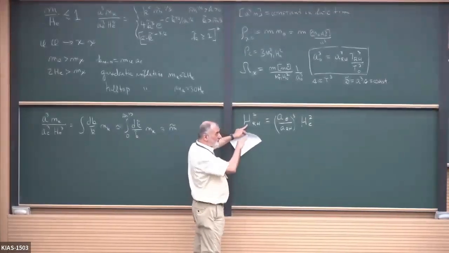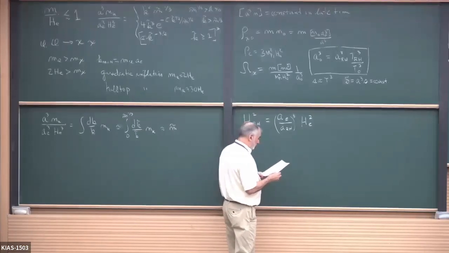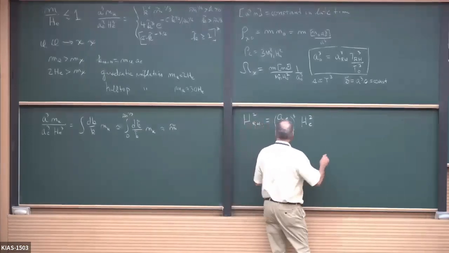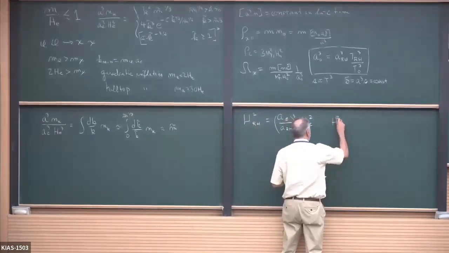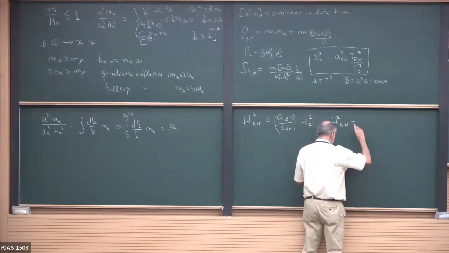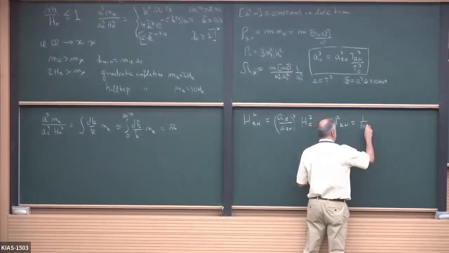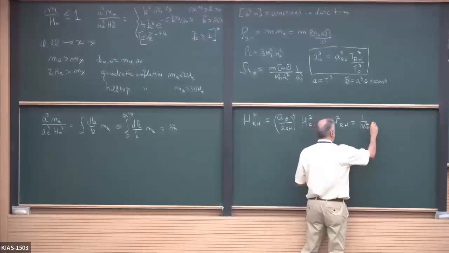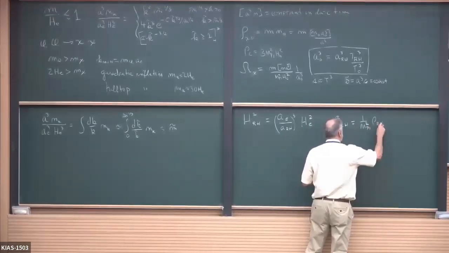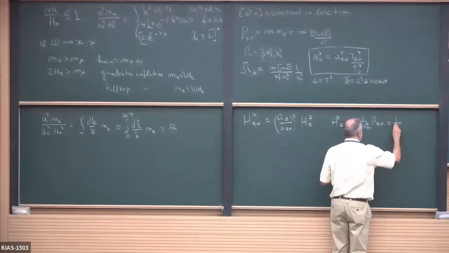We're making the assumption that reheating is instantaneous. And H squared at reheat is going to be 1 over the Planck mass squared times the reheat energy density, and this is T reheat to the 4th.